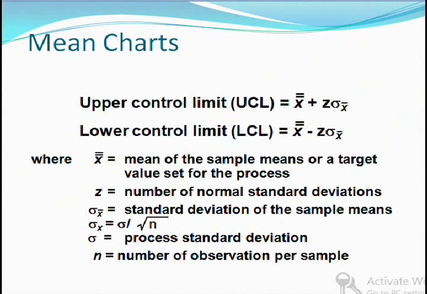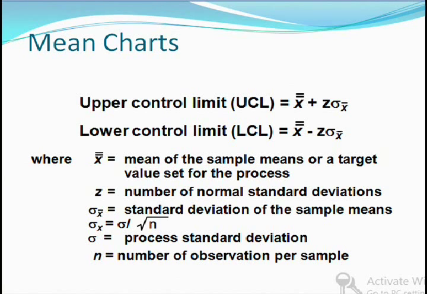This is the formula for computing the mean charts or X bar charts. Upper control limit or UCL is equal to X double bar plus z sigma sub X bar. Lower control limit or LCL is equal to X double bar minus z sigma sub X bar.